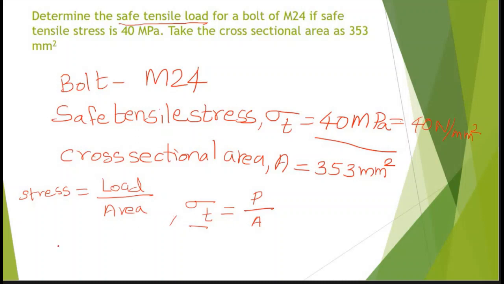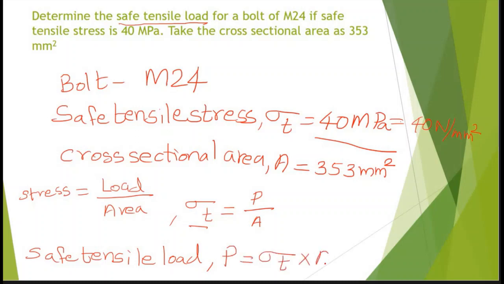Multiply sigma T with A. P is the load, so safe load is sigma T into A. What is sigma T? 40 Newton per mm square into 353 mm square.